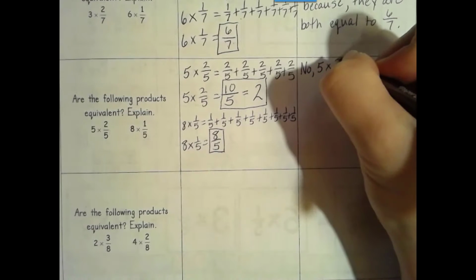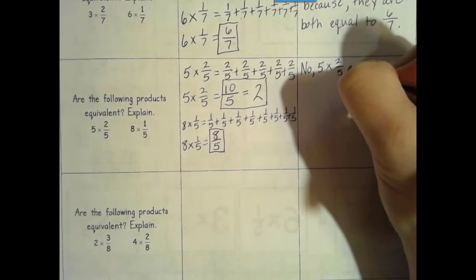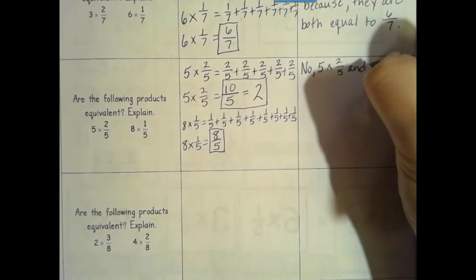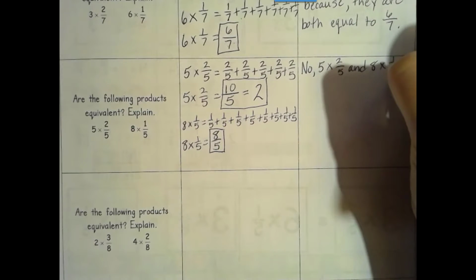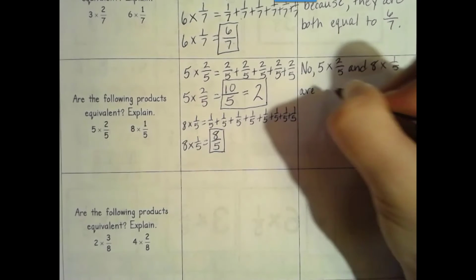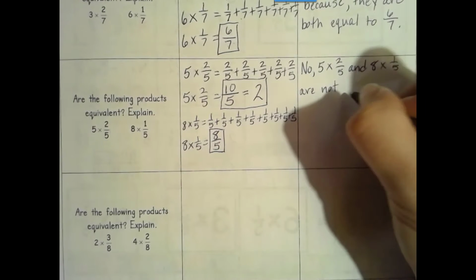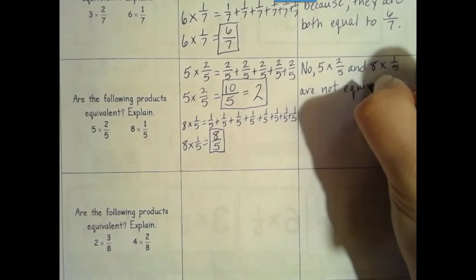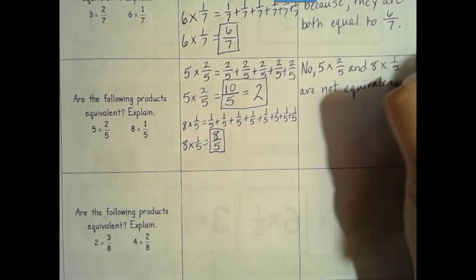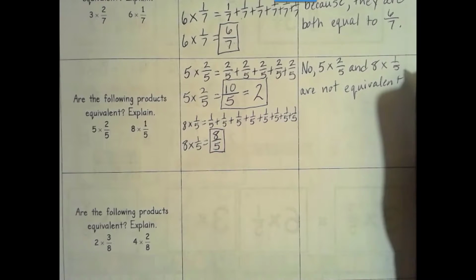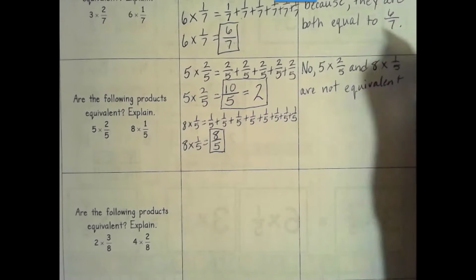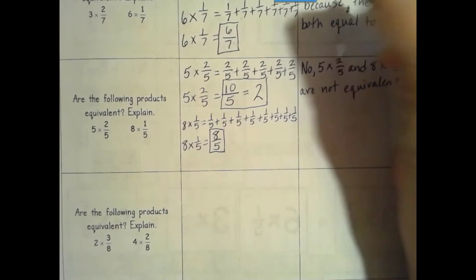5 times 2/5 and 8 times 1/5 are not equivalent. And now, I don't know, I have a comma up here. That's weird.